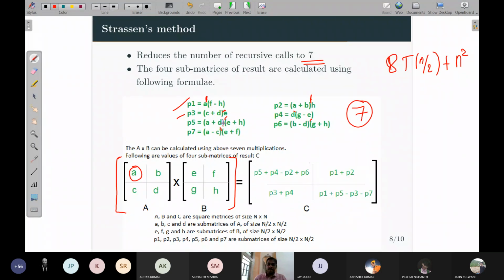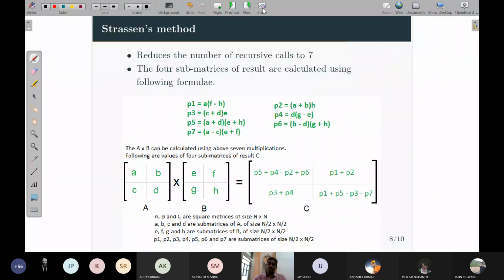Identification of P1 to P7 is not enough. You have to add them in this way, then you will get the same result. That is what Strassen proposes. Understood? If you want to multiply using the traditional divide and conquer, it will take 8 multiplications. But here, A, B, C, D, E, F, G, H are all known.